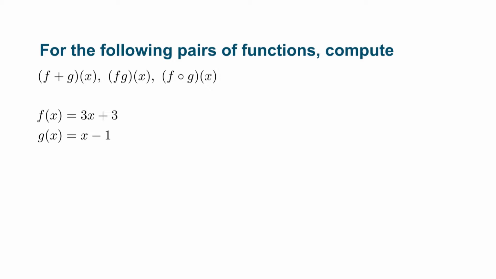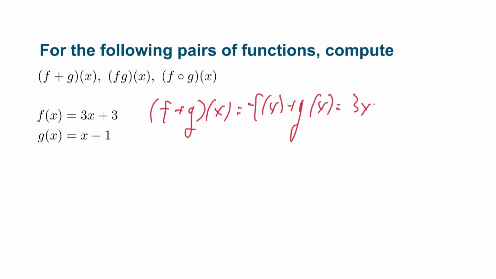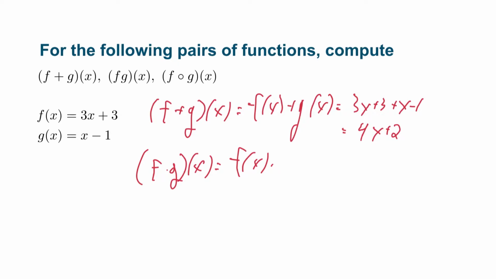So let's look at some examples. I'm going to give two pairs of functions, and I'll ask to compute the sum of them, the product, and then the composition of the functions. Let's start with addition. f plus g of x is equal to f of x plus g of x. So 3x plus 3 plus x minus 1, so 4x plus 2. f times g of x is equal to f of x times g of x.